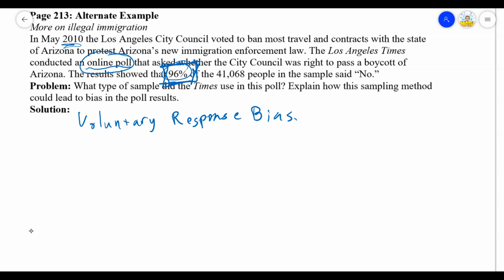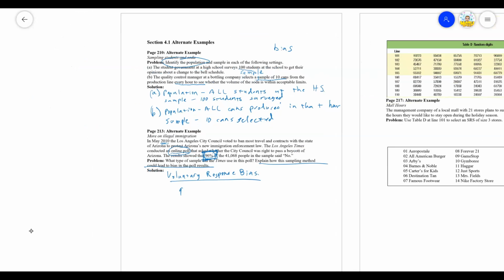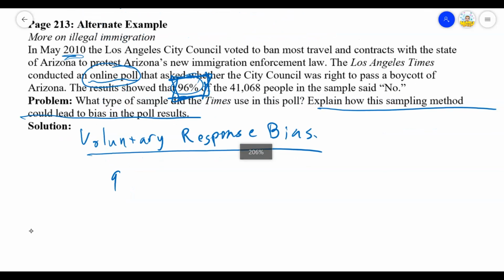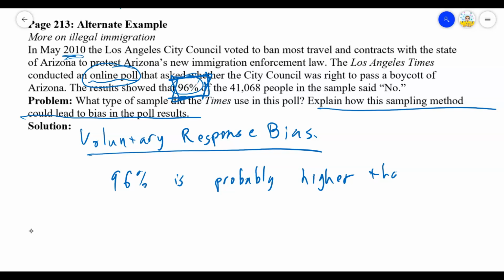So the result here would be what type of bias? This is voluntary response bias. Explain how this could lead to bias in the poll results: 96% is probably higher than the actual proportion, than what we would call the true proportion.